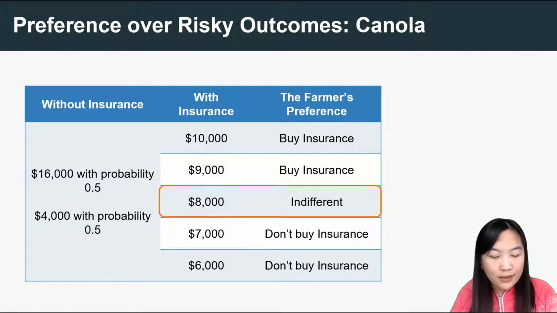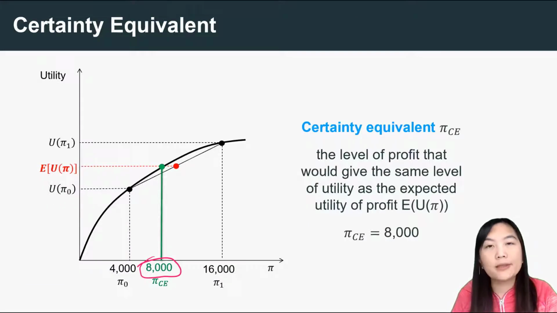So that's how you link the certainty equivalent with that table of preferences.